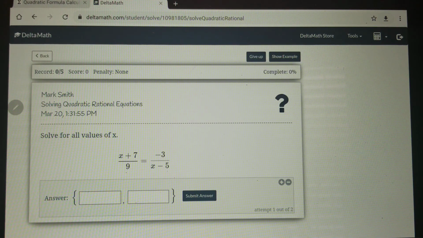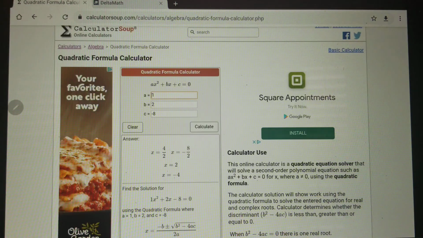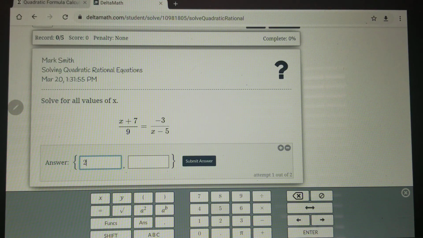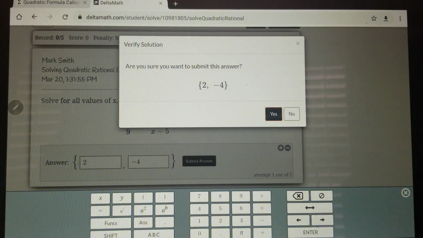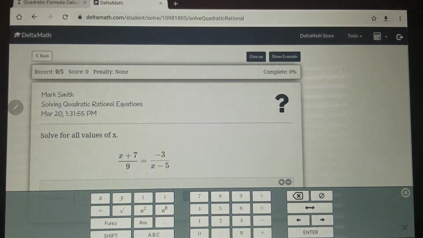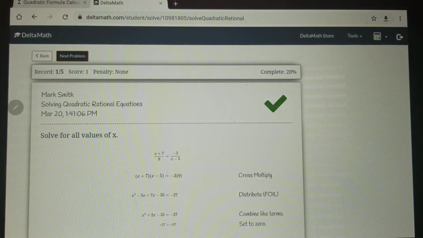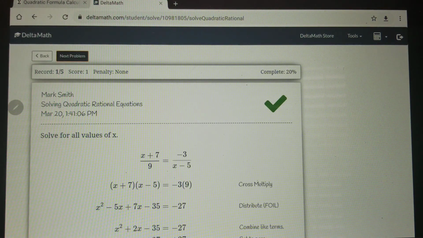Our 2 answers were 2 and negative 4. So we're going to put in 2 and negative 4 and submit answer. And we get the green check that yes, those answers are correct.